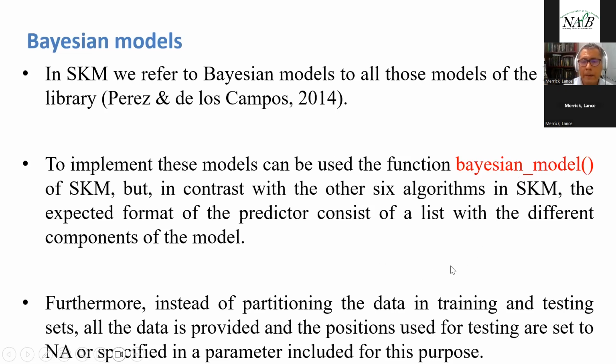And in this case, the input consists of a list of components. For example, I need to provide a list with a predictor that contains a term for environment, a term for lines, and a term for genotype by environment interaction. And also, if I wanted to add environmental information, I can add another term. I will explain this with more detail in such a way that you can understand.